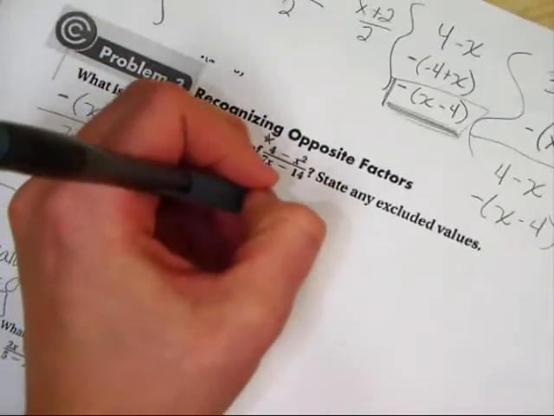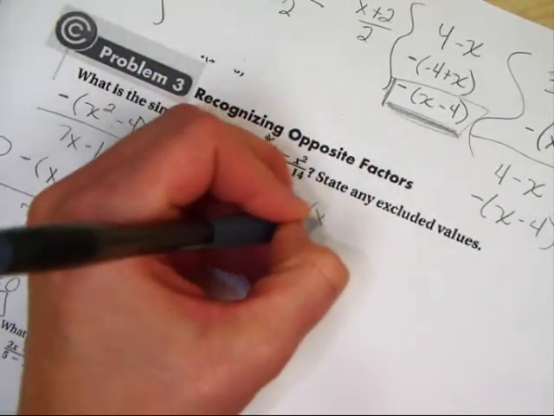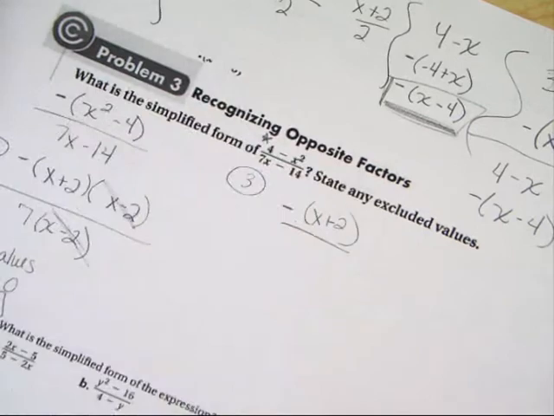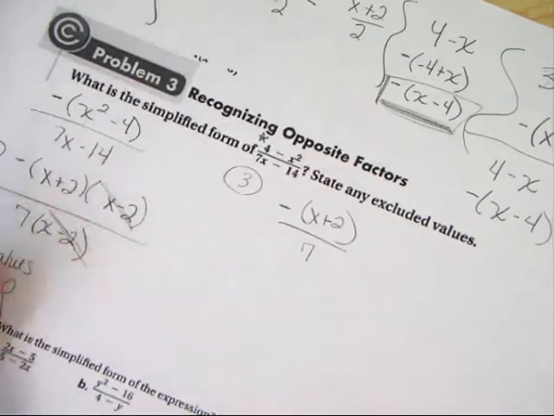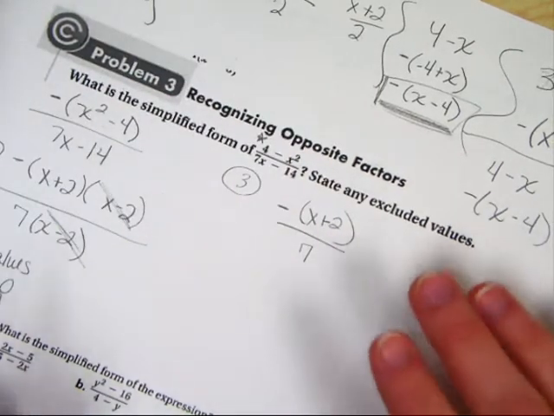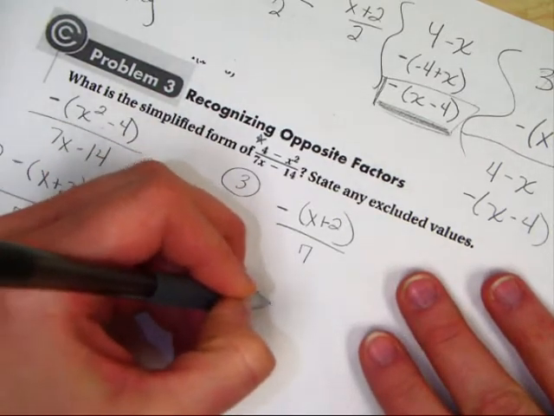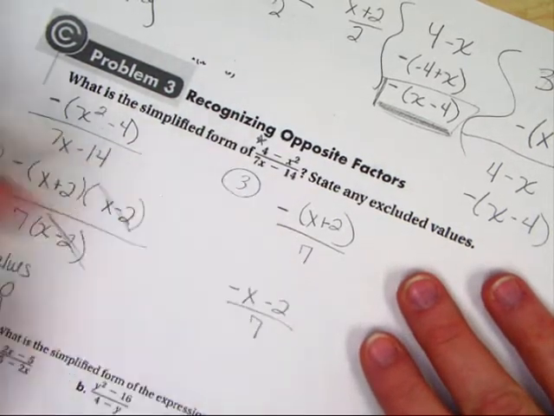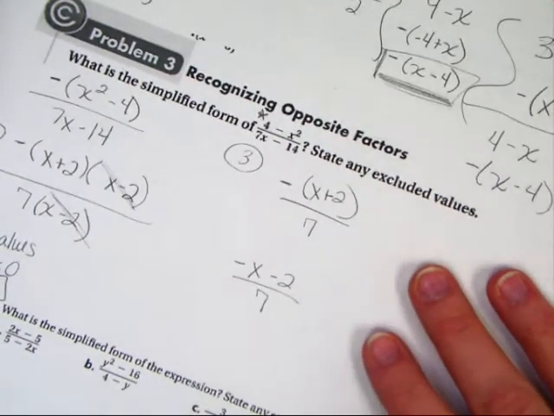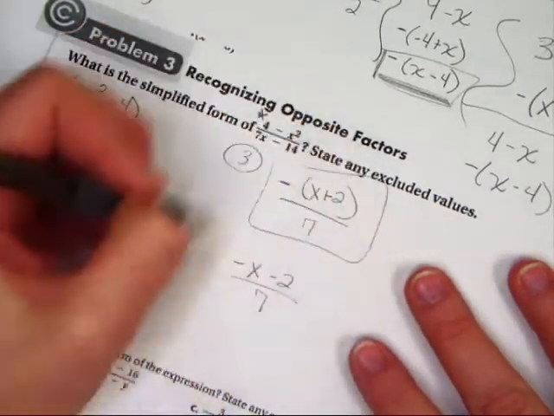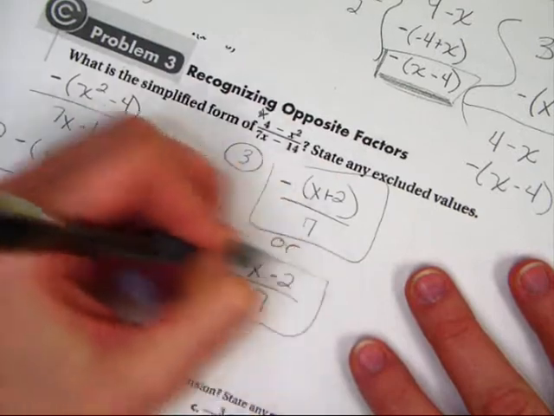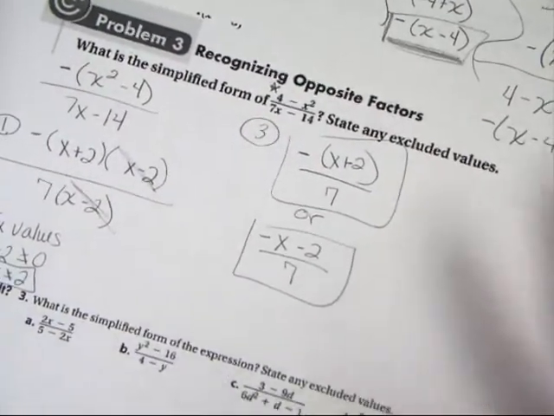That leaves me with a negative x plus 2 over a positive 7. You could rewrite this, or you could leave it as it is. If you wanted to rewrite it, you could write negative x minus 2 all over 7. What did I do? I simply distributed the negative in. So I'll write this or that. I'm happy with either answer at this point in your algebra career.